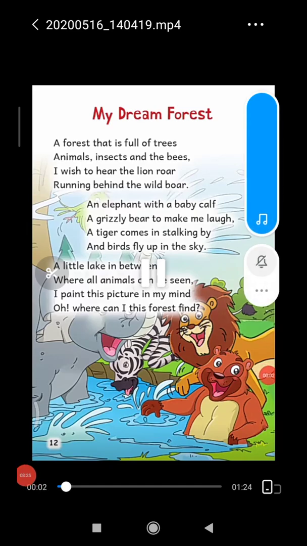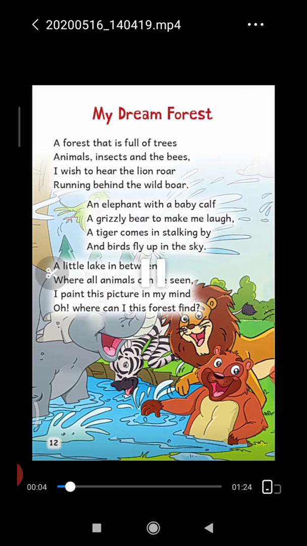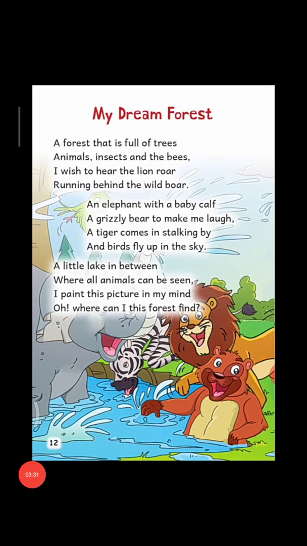A forest that is full of trees, animals, insects, and the bees.